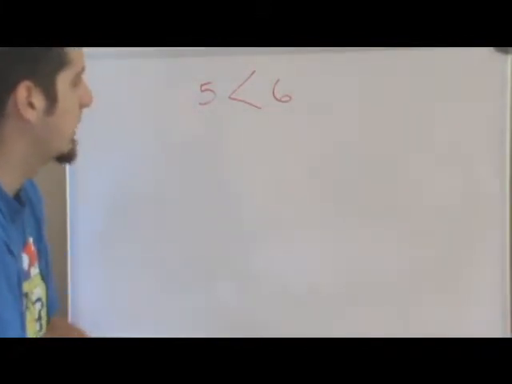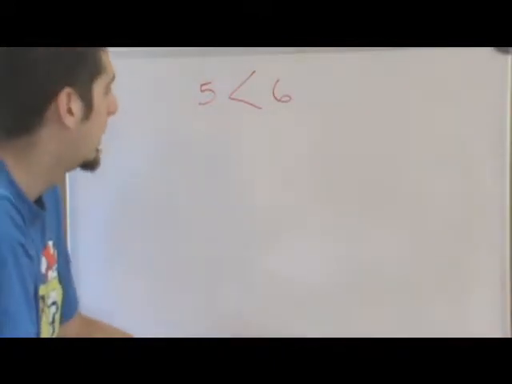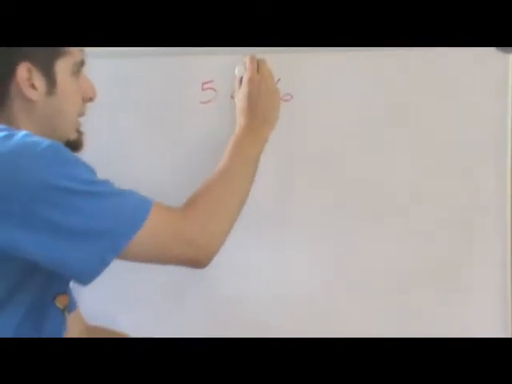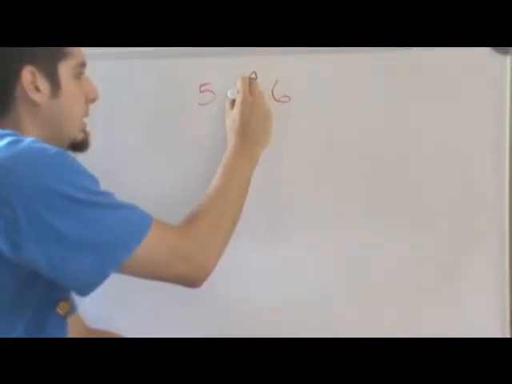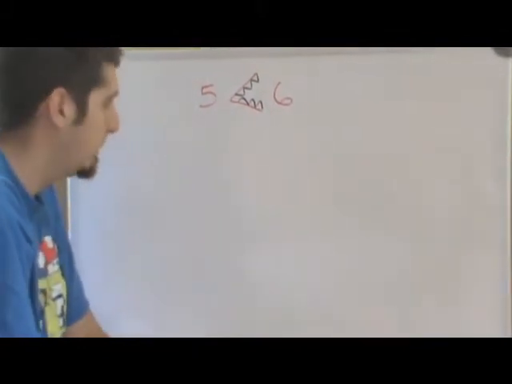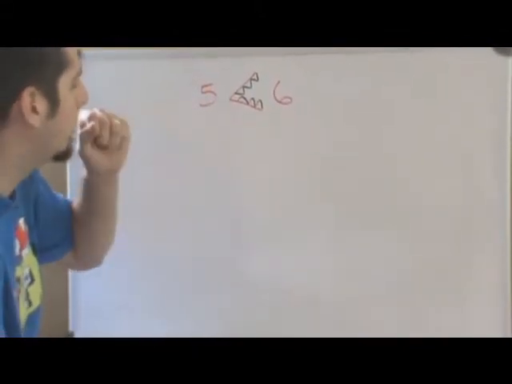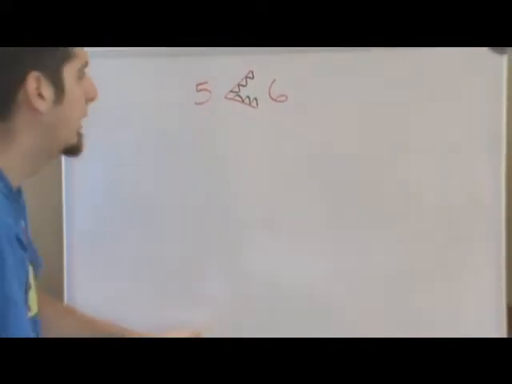The way I was explained is the alligator is always going to eat the bigger number, because this looks kind of like an alligator mouth, if you want to give it some teeth here. The alligator will always eat the bigger number, because the alligator wants the biggest meal to fill its belly. So, if 6 is bigger, write your inequality so the alligator's eating it.